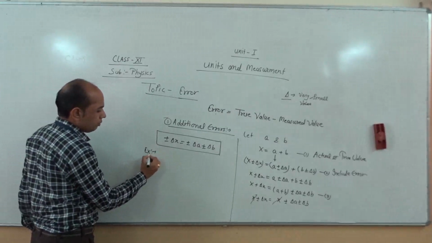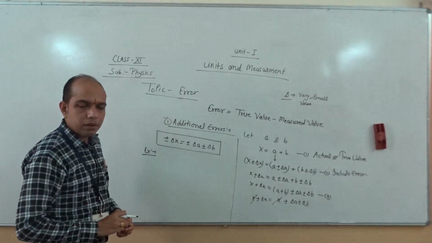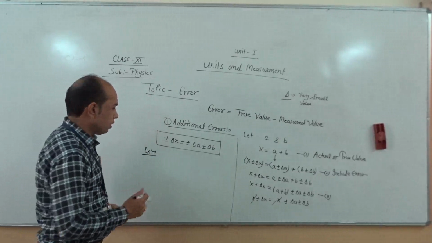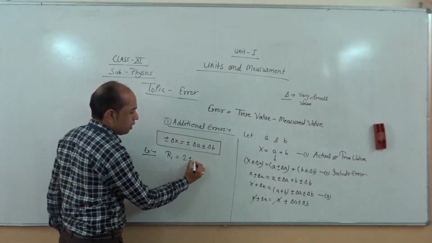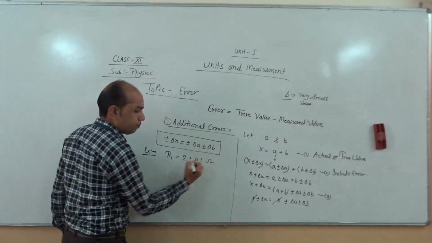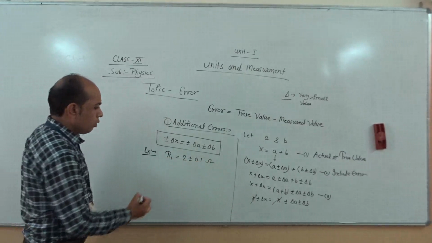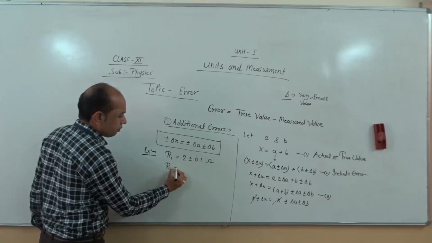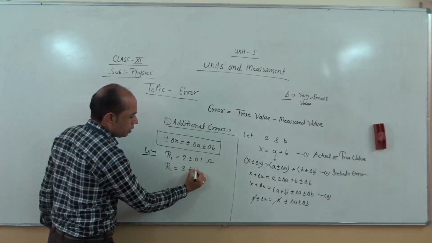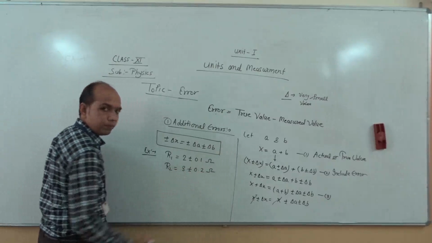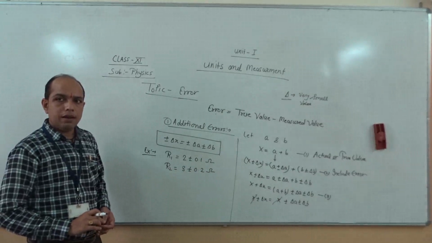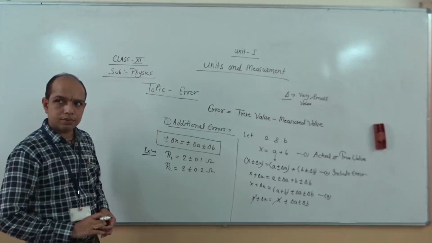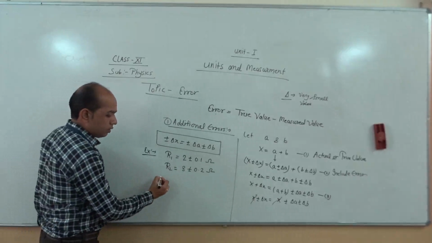Suppose a student observes the value of resistance R1 to be 2 plus minus 0.1 ohm, and the second resistance R2 is 3 plus minus 0.2 ohm, and we want to find the net resistance in series.